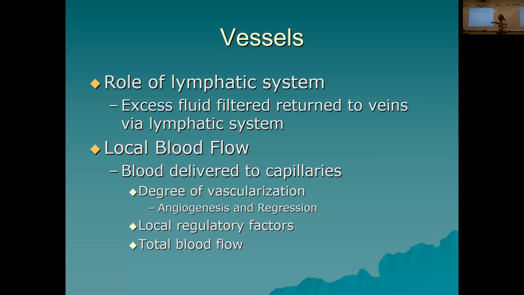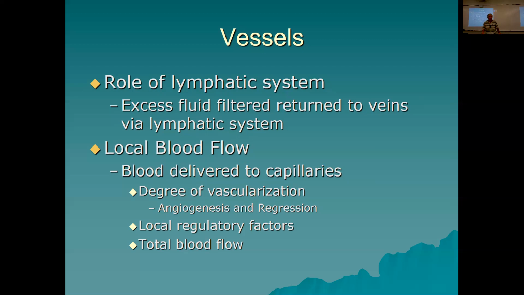Okay, local blood flow, blood delivered to capillaries. Remember, the degree of vascularization determines how much blood gets to a particular tissue. And that's called angiogenesis. When we talked about one of the benefits of cardiovascular exercise, it is angiogenesis in your skeletal muscles.